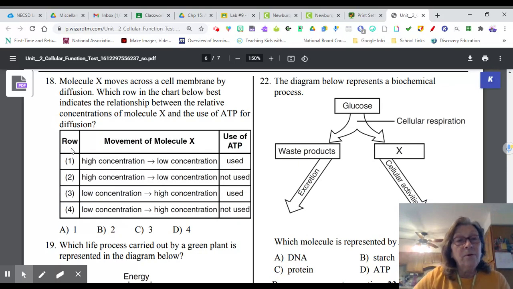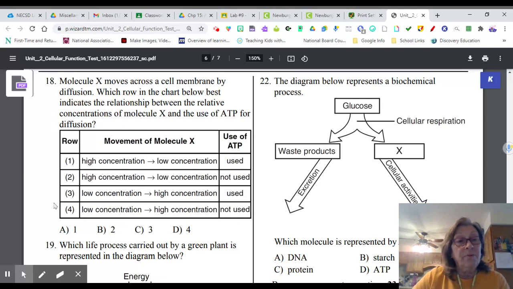We have the row, movement of molecule X, use of ATP. Row number 1, high concentration to low concentration, used. Number 2, high concentration to low concentration, not used.